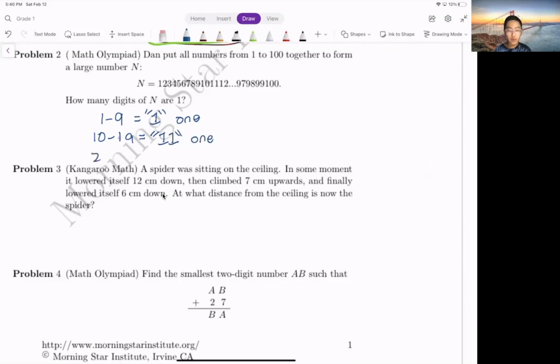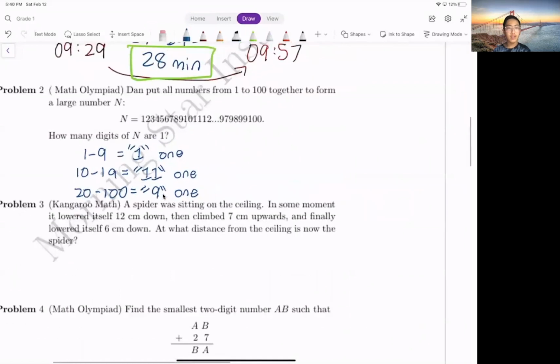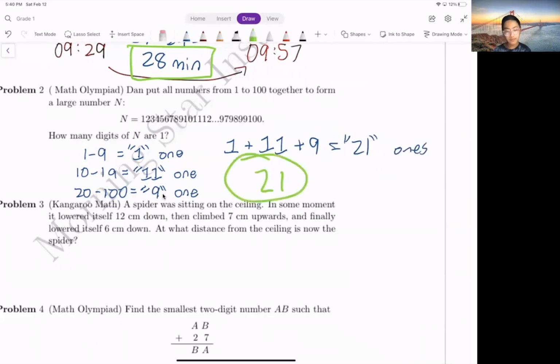And finally, from 20 to 100, we get that there are 9 ones. You can just count it very easily. So in total, we have 1 plus 11 plus 9, and this gives us 21 ones. So the answer is 21 digits of N that are 1.